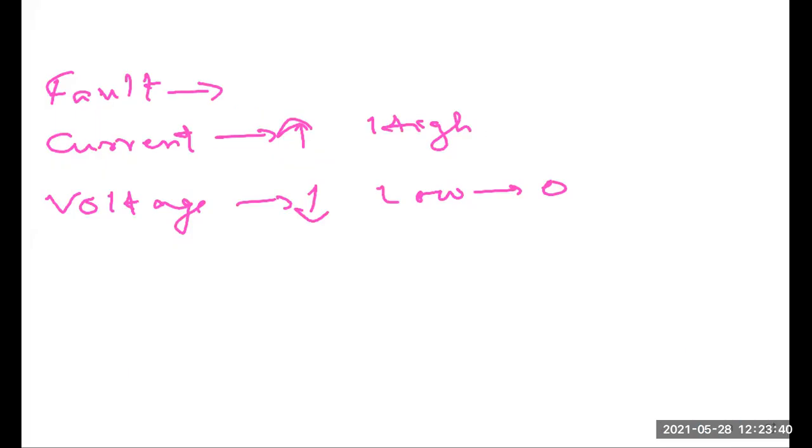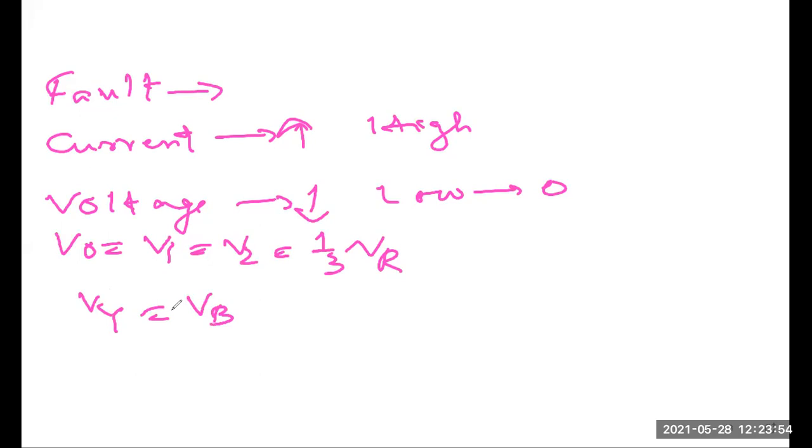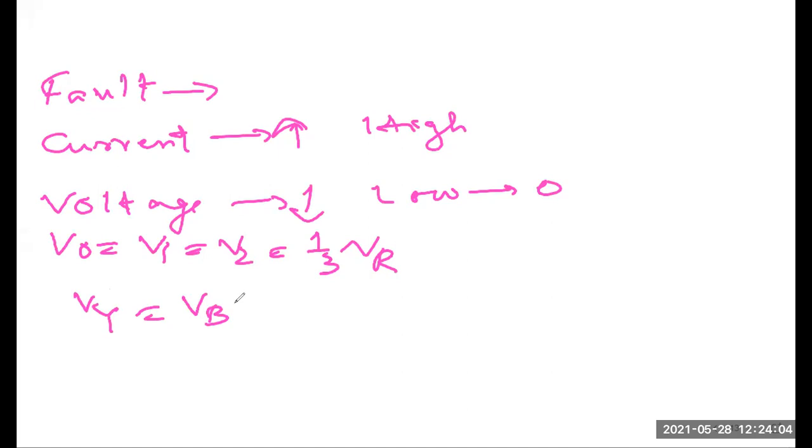Here it is given V0 equal to V1 equal to V2, equal to 1/3 VR, because VY equal to VB equal to 0. Do you agree with this? So what should be the network connection? They will be connected in parallel, correct?